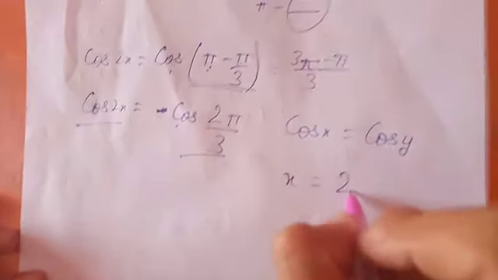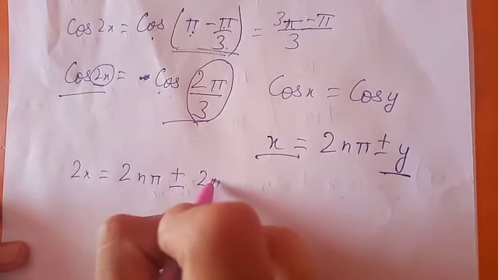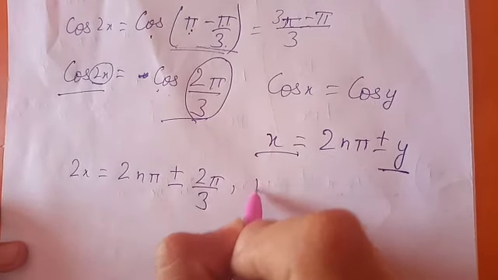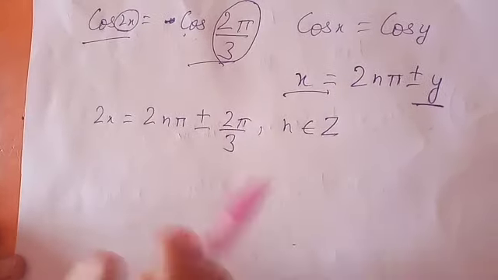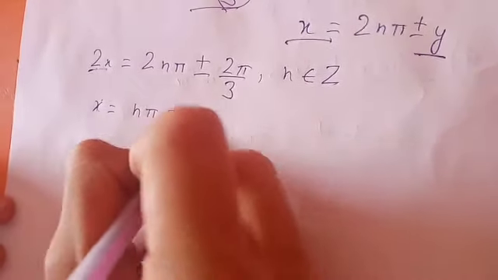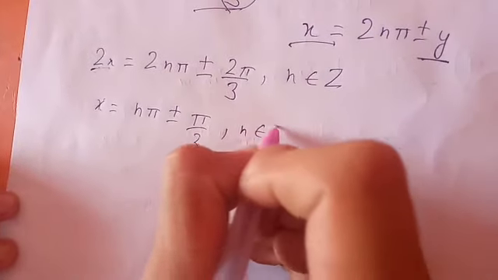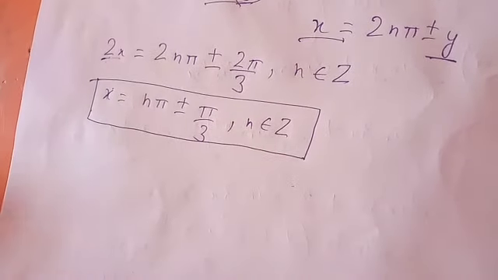So 2x is equal to 2n pi plus minus, and our y here is 2 pi by 3, for every n belonging to integers. But this is the value of 2x, so dividing the whole equation by 2, we get x equal to n pi plus minus pi by 3 for every n belonging to integers. This is the general solution of our equation.